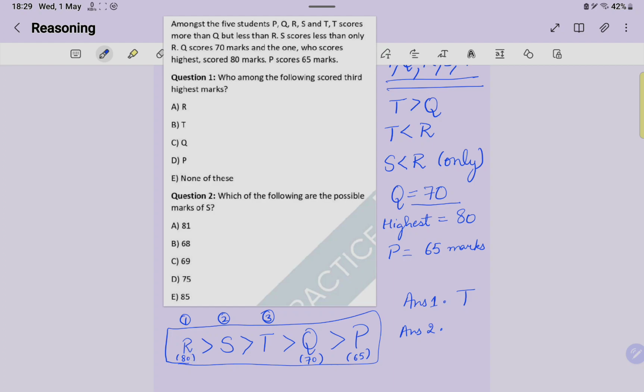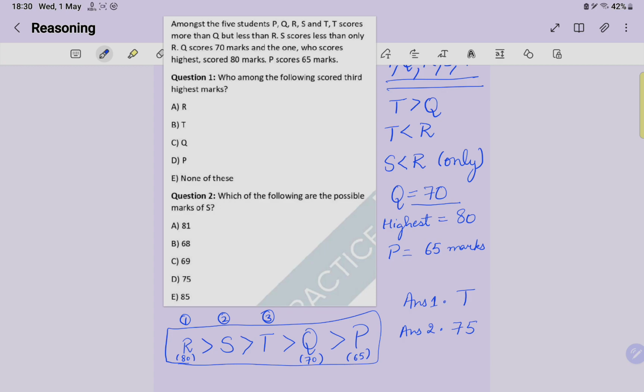So what could be the marks of S in this case? It is going to be 75, because 81 is not possible. 68 and 69 are less than Q. 85 is also not possible, so the only option left is 75.